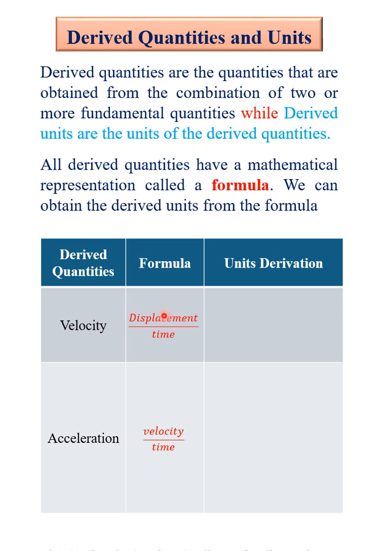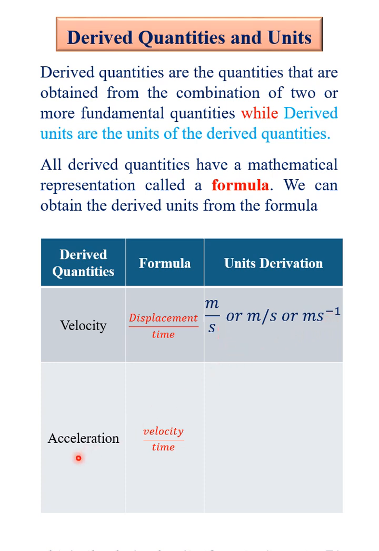So we can represent this as length being the fundamental quantity, so that the units will become the unit of length divided by the unit of time, and that is meters divided by seconds. It can be written in this form, meters per second, or in index form, meter second to the power minus 1. Remember, in index notation, a negative index is also represented as a fraction.